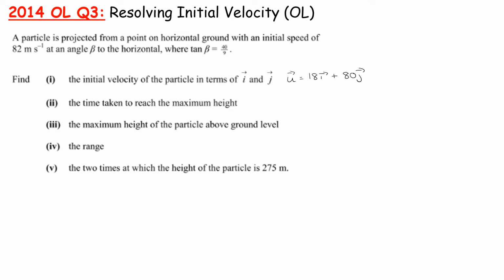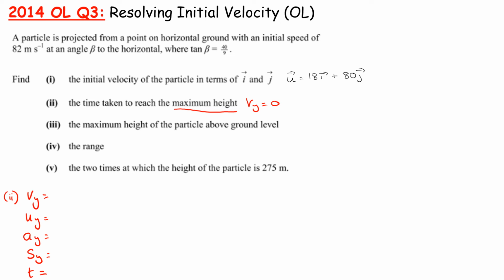So part 2 then asks us to find the time taken to reach maximum height. Now we know with maximum height that the particle stops, but it only stops in the y direction, so we know Vy is equal to 0. So let's work with our VUAST, but only in the y direction. So Vy, Uy, Ay, Sy, and then time.